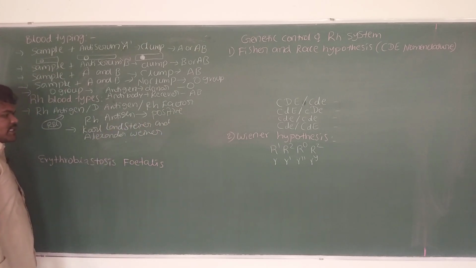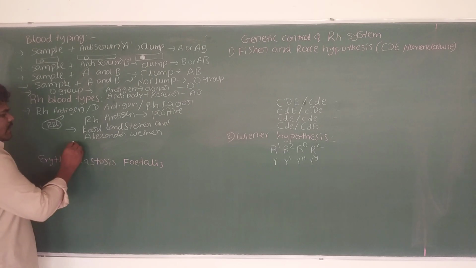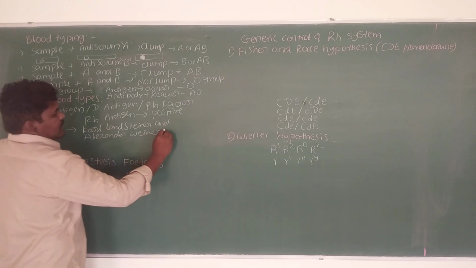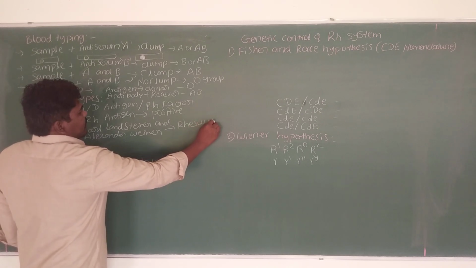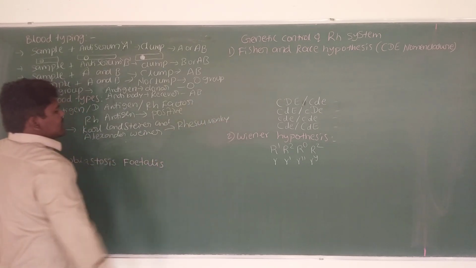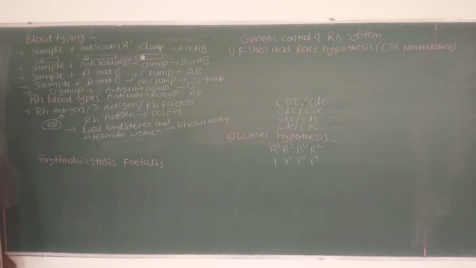These are the two scientists. They identified the Rh antigen in the monkey called the rhesus monkey. In the rhesus monkey they identified the Rh antigen, hence it is called the Rh factor.